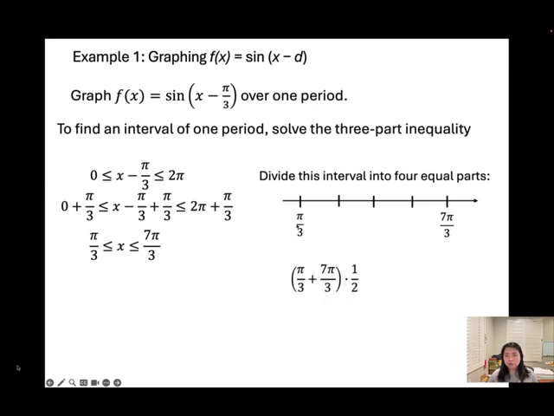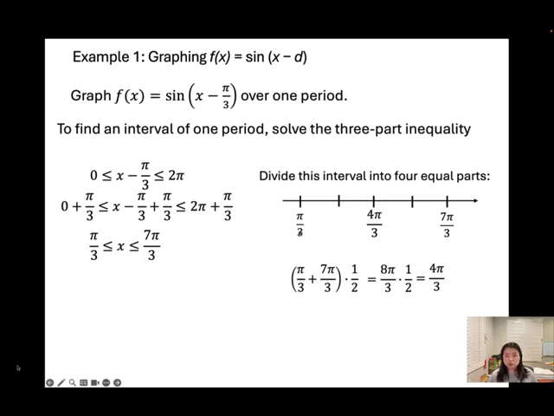Pi over 3 plus 7 pi over 3, add it up and then divide by 2. Since this is a fraction, I could just multiply by 1/2. So this is going to be 8 pi over 3 times 1/2. Simplify it, and you're going to get 4 pi over 3. This is going to be the middle part here. So 4 pi over 3.